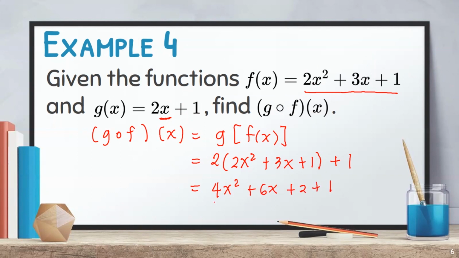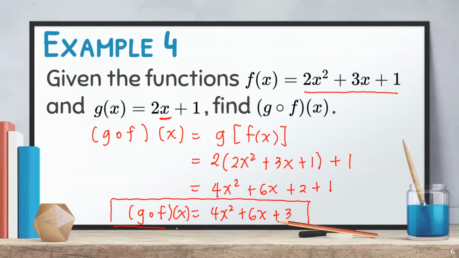Okay. So from here, what we can combine is positive 2 and positive 1. So we simply bring down or copy 4x squared plus 6x and then plus 3. So therefore, the final answer of g composition of f of x is 4x squared plus 6x plus 3.